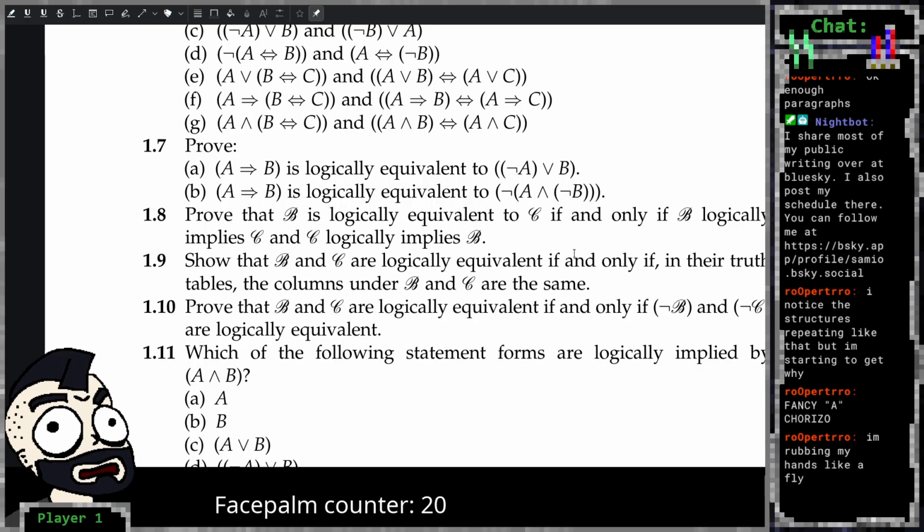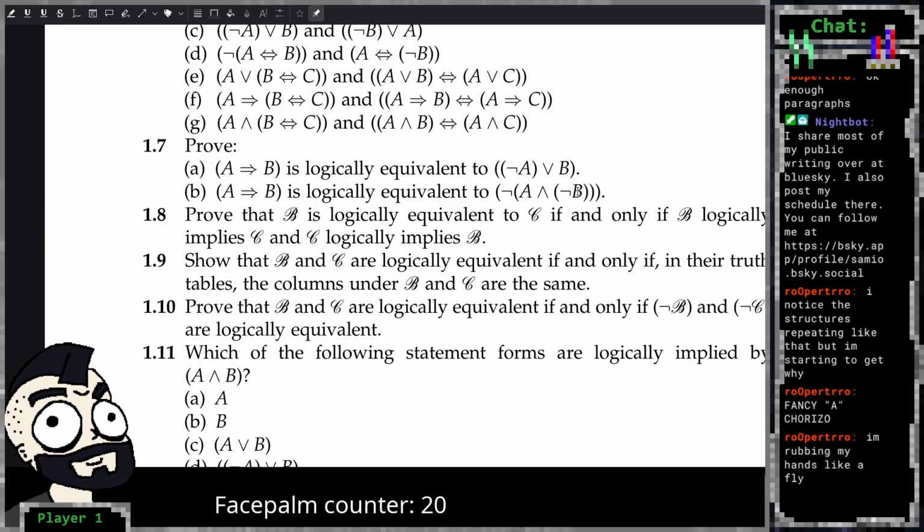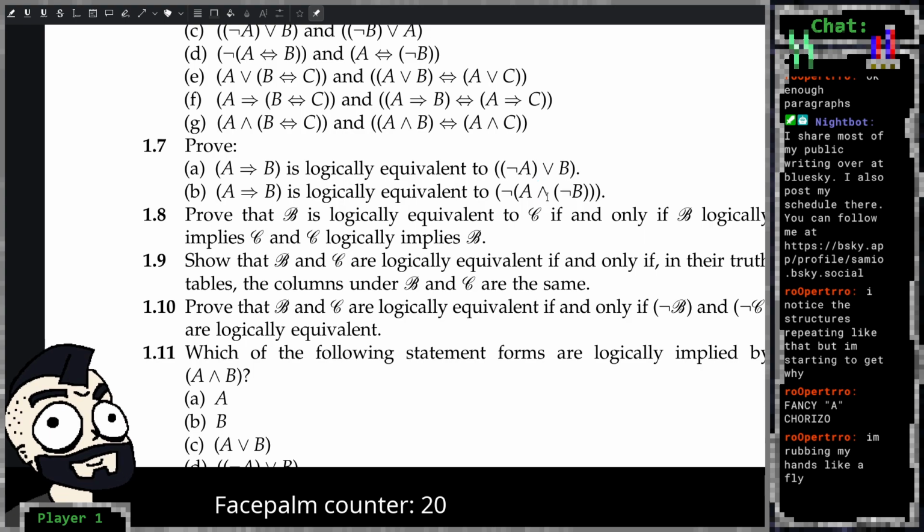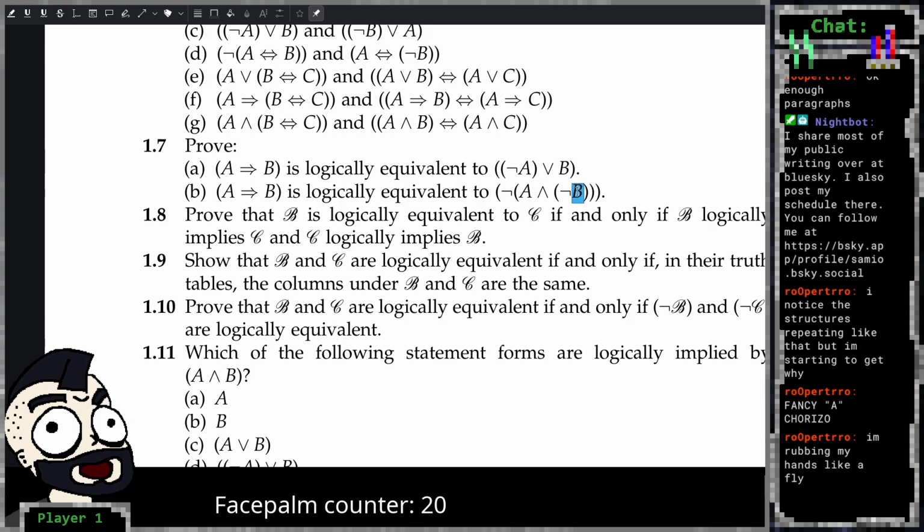And I can do a very similar reasoning here. A implies B is logically equivalent to it's not true that A and not B. This is even more simple because, I mean, I can do the truth table, I guess, but when is the only case in which a conditional is false? When the antecedent, in this case A elevated to a variable, is true, and the consequent, in this case B, is false. When is not B true?